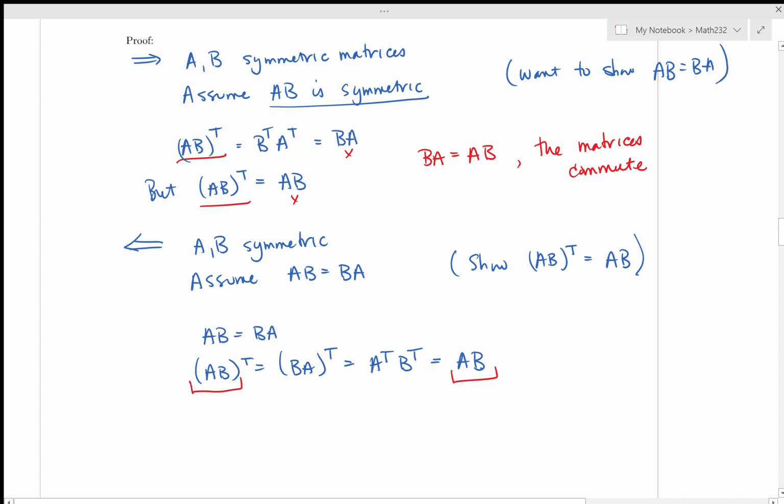That's what I wanted to show, and we're done. The product AB is symmetric. That's totally straightforward. We just have to remember that in both of these we used this property of the transpose that we saw earlier.